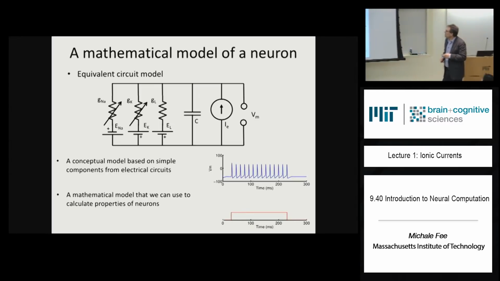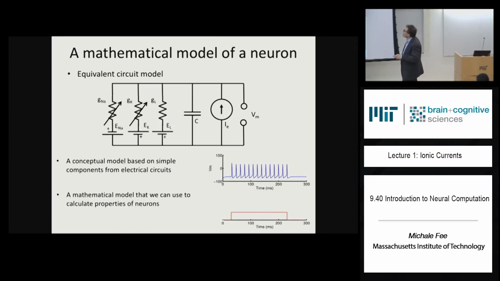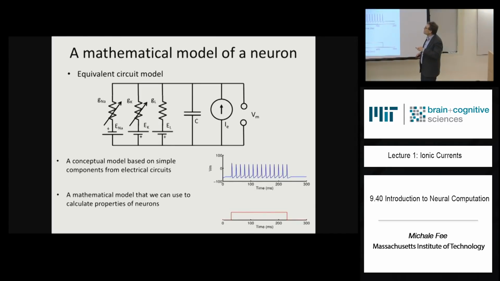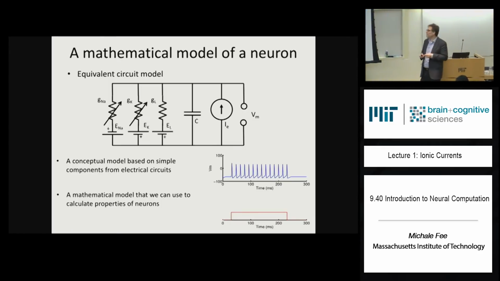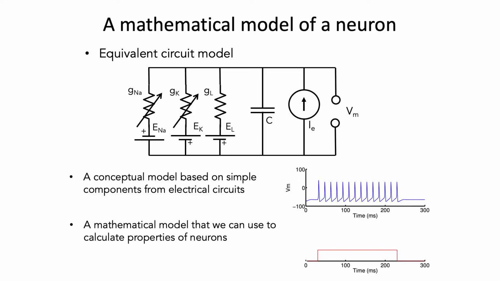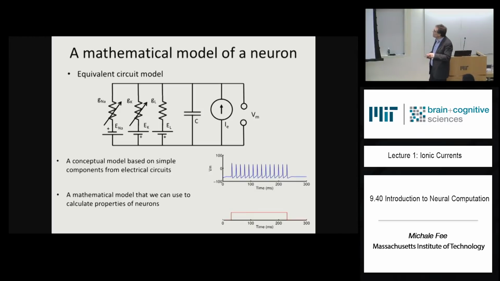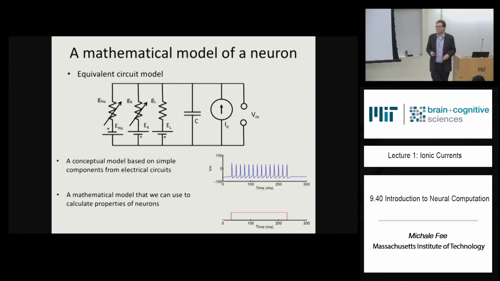Then you can take all of those components and construct a set of equations, or in general, a set of differential equations that allows you to evolve that circuit over time and plot, let's say, the voltage on the inside of the cell as a function of time. And you can see that that model neuron can actually very precisely replicate many of the properties of neurons.